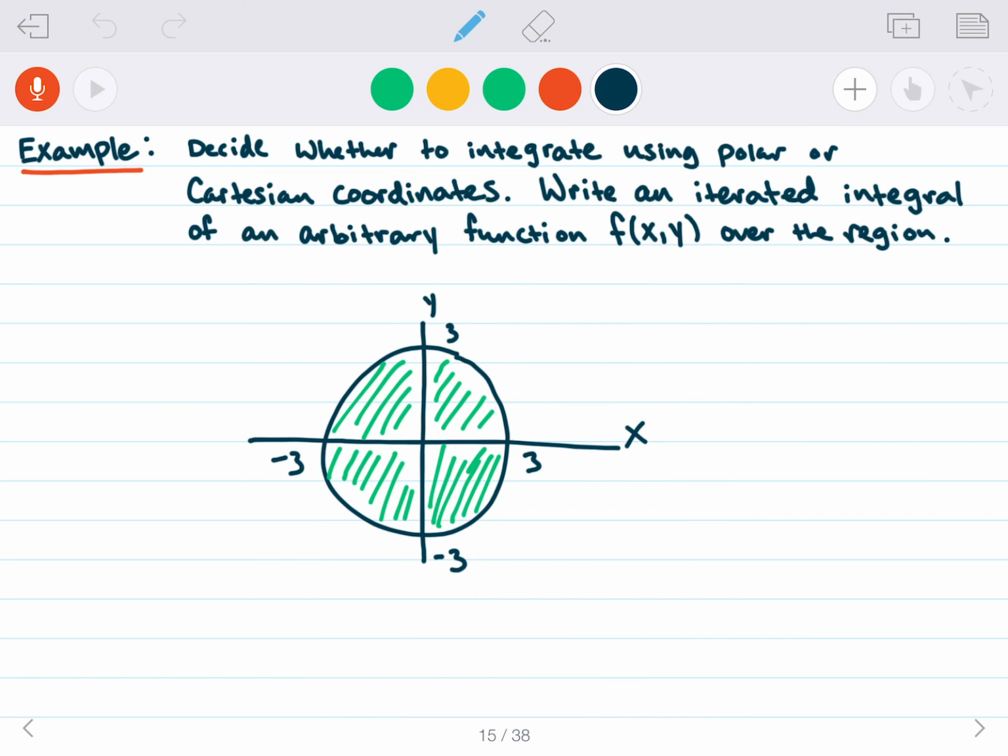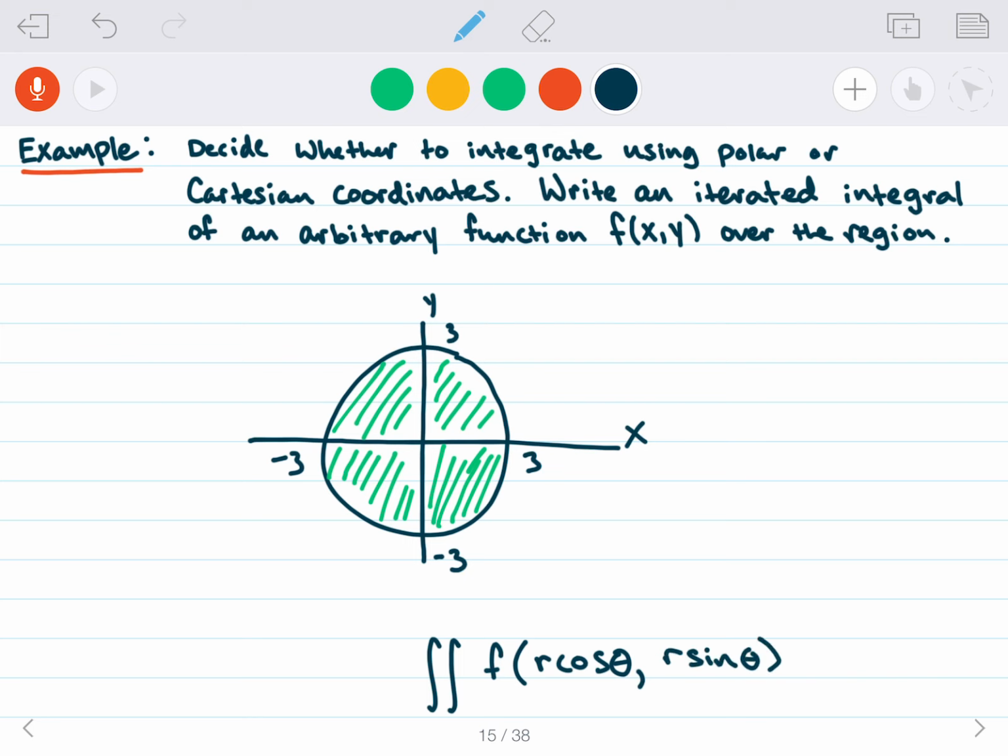Now let's take a look at this. Now we have a circle, okay? So whenever you see circles or curvy things, you should think polar, okay? Arcs, circles, polar coordinates. So let's go ahead and use polar coordinates here since we have a circular region. So remember that in polar coordinates, we have r's and thetas, and my arbitrary function, instead of f of xy, we're going to have, instead of x, r cosine theta. Instead of y, we're going to have r sine theta.